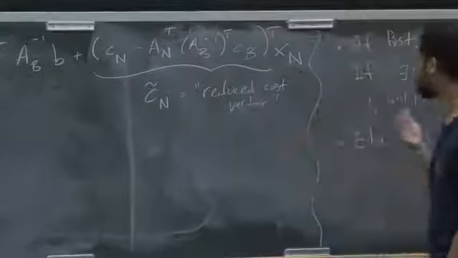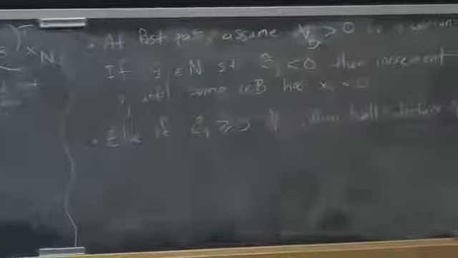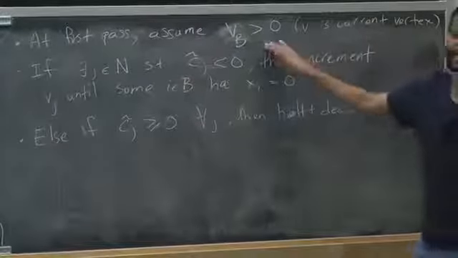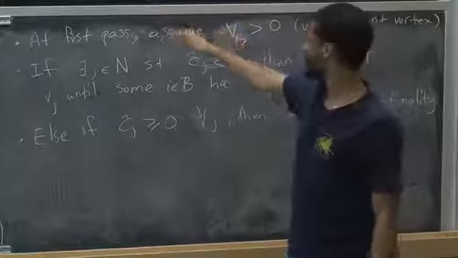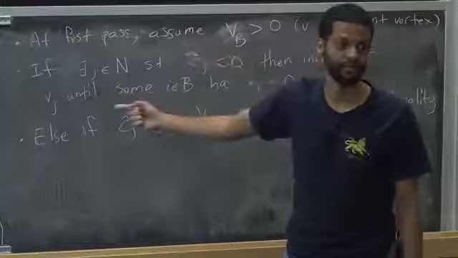Okay. But this is the first pass, assuming that VB is strictly positive. In reality, because of this augmentation, some entry in VB can actually be 0.